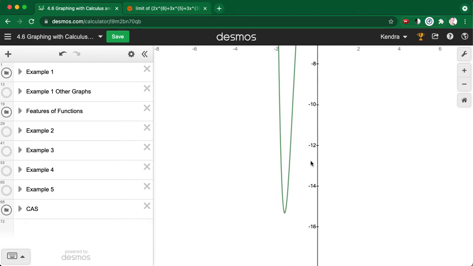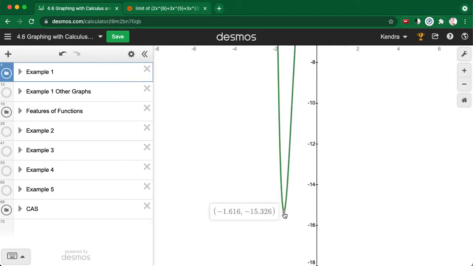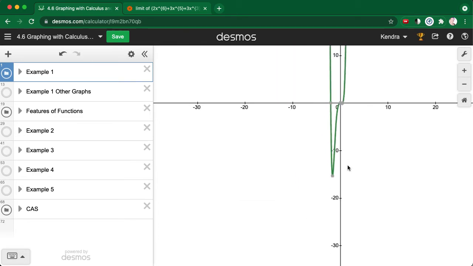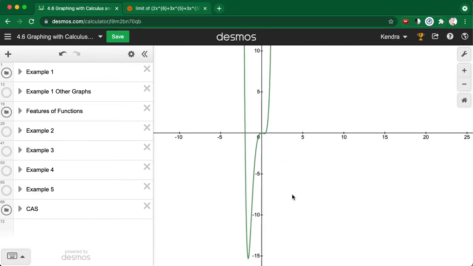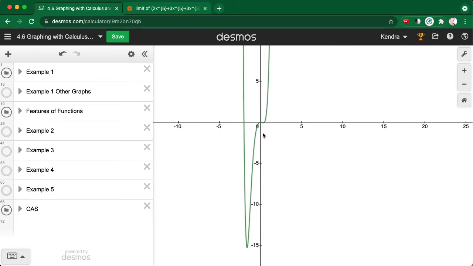So I can come down here and it looks like this is a local minimum. It looks like it's probably a global minimum. But the problem is that the computer makes some decisions about what to display for me, and there are limitations in terms of how it is displayed.